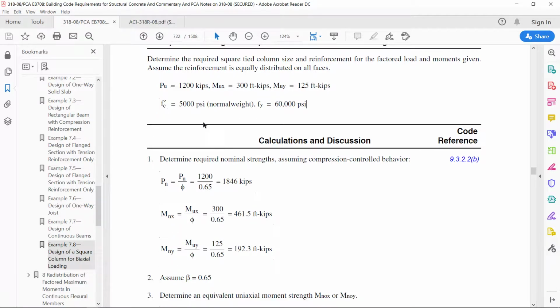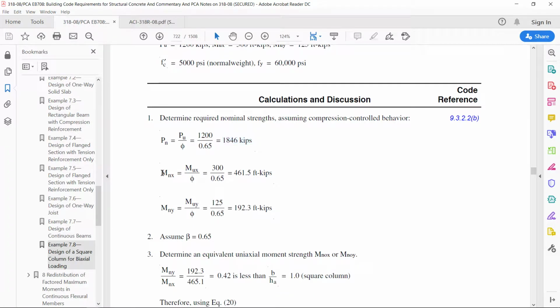Since these values are given as ultimate loads, the nominal loads are calculated by a simple formula: the ultimate load divided by the factor phi. For a column, phi is 0.65. So 1200 divided by 0.65 comes out to be 1846 kips.